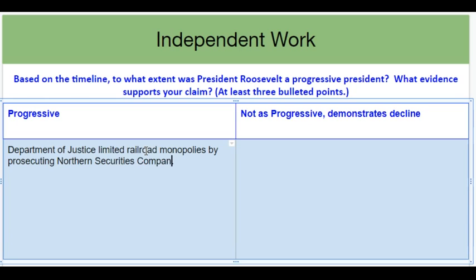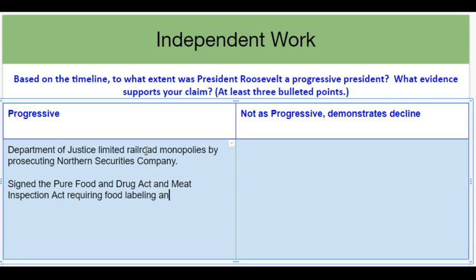That was a railroad monopoly led by J.P. Morgan. They also signed, didn't he, Congress did pass the Pure Food and Drug Act and Meat Inspection Act requiring food labeling, and I don't like using the same word with another word, and supervision instead of inspection of meat production.